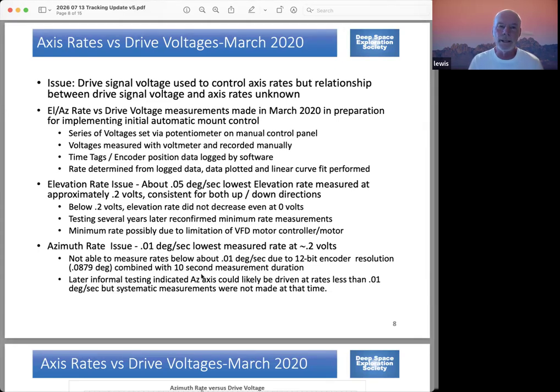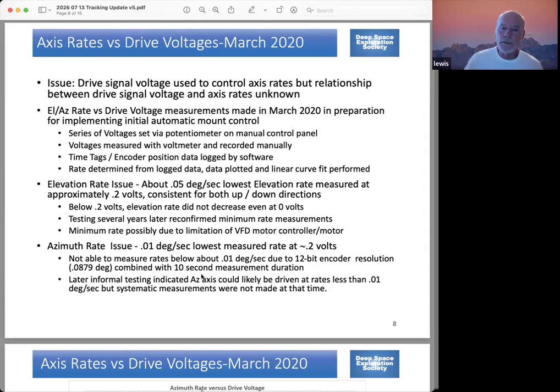So that basically encompasses the mapping all the way from the input of the voltage through the motor controller, through the gearing ratio and everything. It takes all of that into account. And then we can use that mapping to command the axis to known rates.